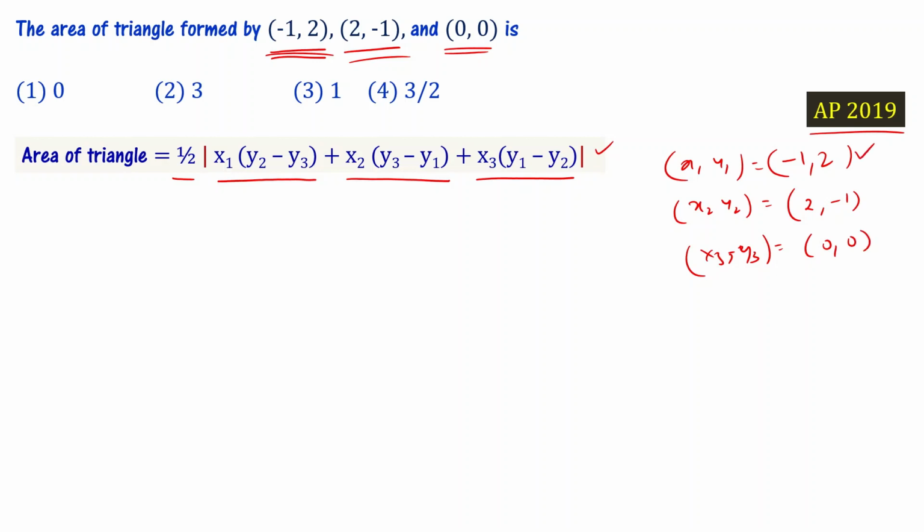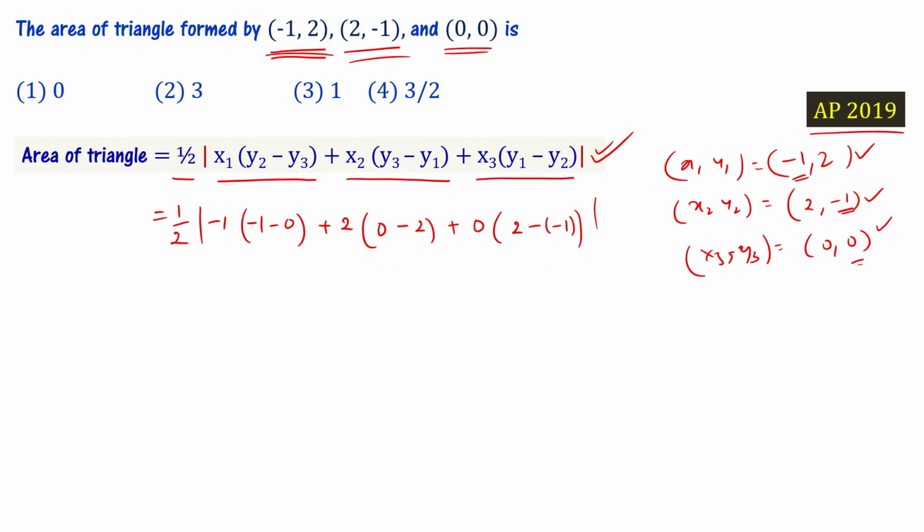Now we can substitute these numbers in this formula, right? Let's do that. Area of the triangle equals half times modulus of x1, that is minus 1, times y2 minus y3, that is minus 1 minus 0, plus x2, which is 2, times y3 minus y1, that is 0 minus 2, plus x3, which is 0, into y1 minus y2, that is 2 minus of minus 1, right?